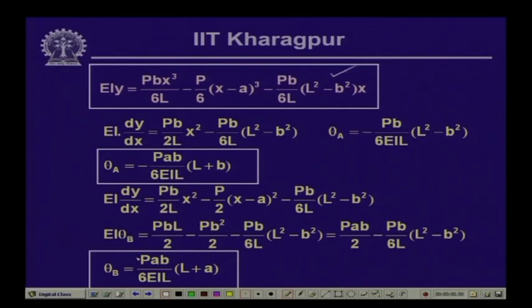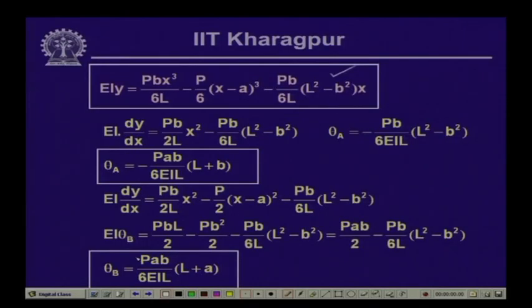So, we can now get y as a function of x, and from these two equations of the deflection curve, from 0 to a and a to L, we compute the value of y at any point in the beam.